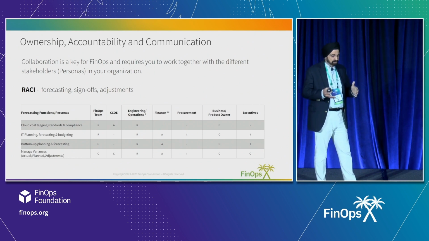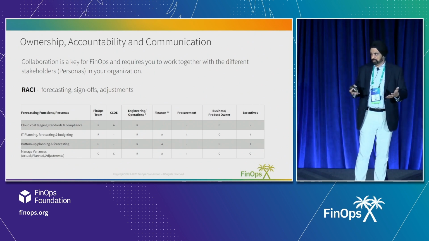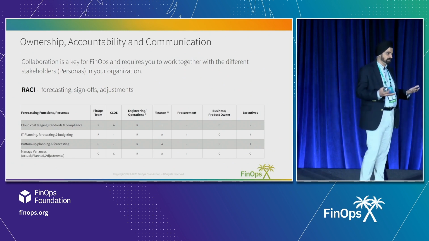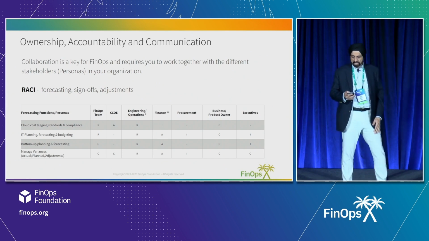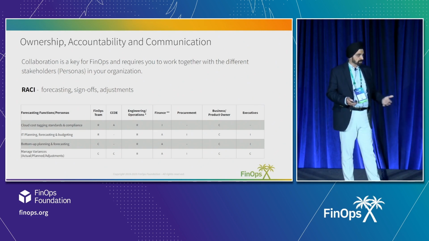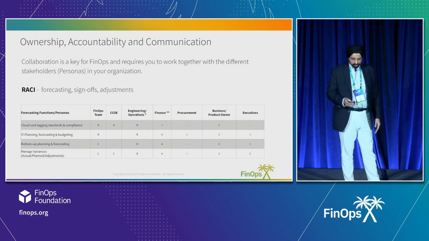You have to understand the roles and responsibilities of the people who will help you drive this forward. It's a cultural shift, right? So to get ready for a cultural shift, you have to work as a team with collaboration instead of doing everything on your own, right? Because sign-off is key for getting a rolling forecast implemented, especially when you're going from a legacy model into the rolling forecast model.